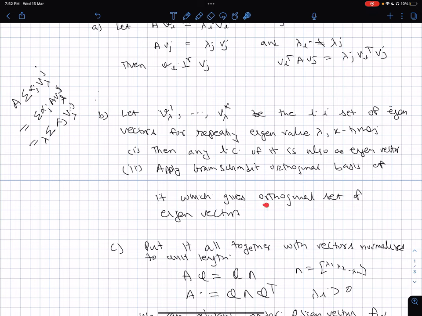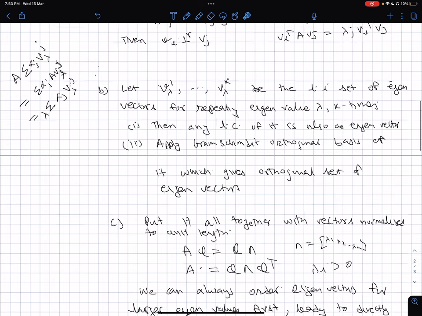Essentially, what I am trying to say is, if you have a subspace, you have a basis for it which is an orthogonal basis. So just look at the orthogonal basis for this subspace of the eigenvectors corresponding to eigenvalue lambda, and they will become the orthogonal set of eigenvectors.